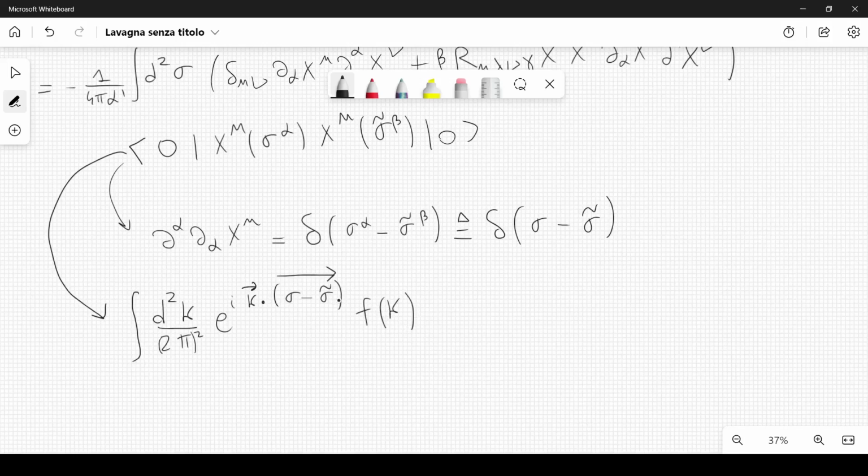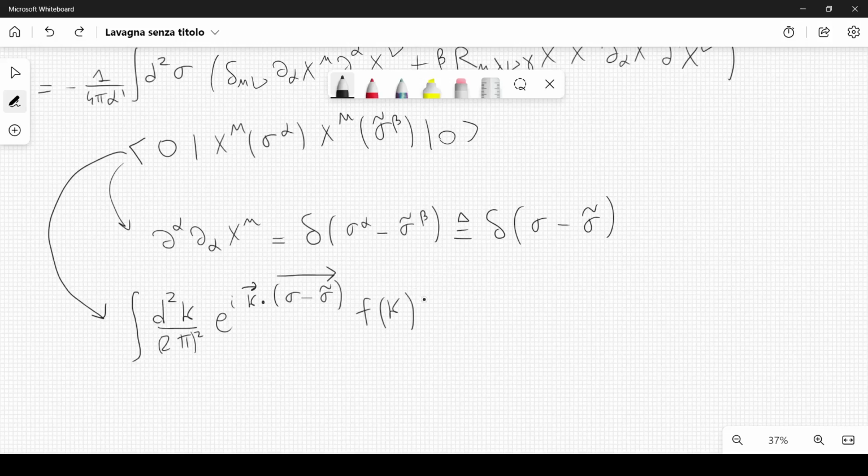When we take this derivative, and in this case you have to think that instead of x mu we have this vacuum expectation, in particular these derivatives are performed with respect to the variable sigma alpha, so they will act on this term, and I'm just trying to explain it intuitively.